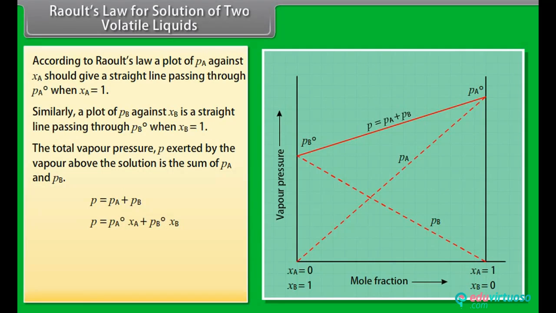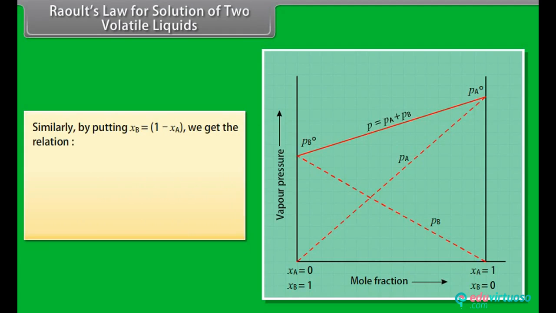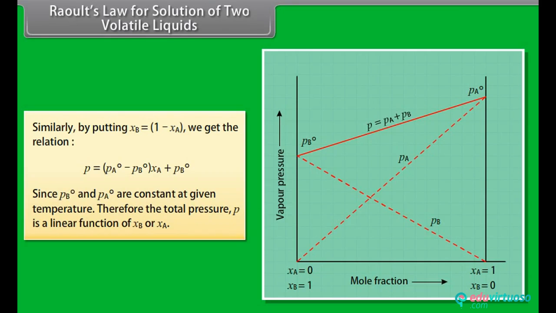By putting XA = 1 − XB, we get the relation P = (P°B − P°A) × XB + P°A. Similarly, by putting XB = 1 − XA, we get the relation P = (P°A − P°B) × XA + P°B. Since P°B and P°A are constant at given temperature, therefore, the total pressure P is a linear function of XB or XA.